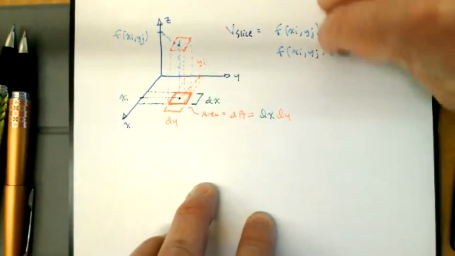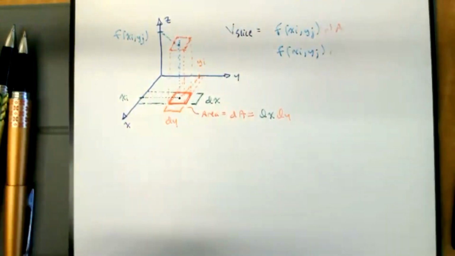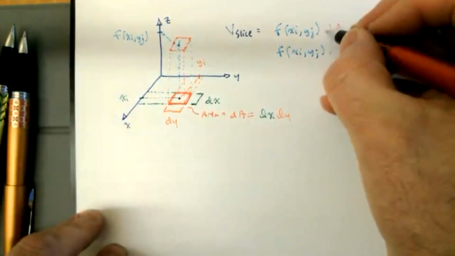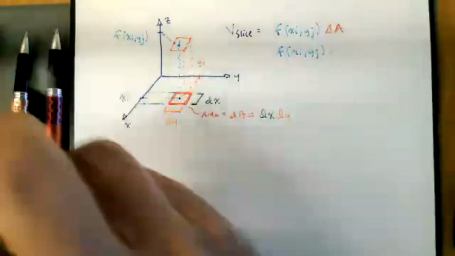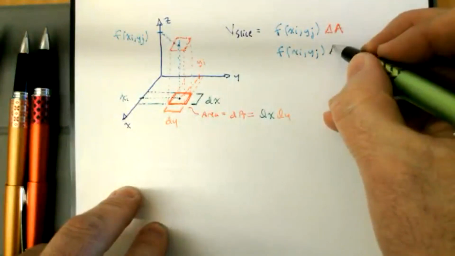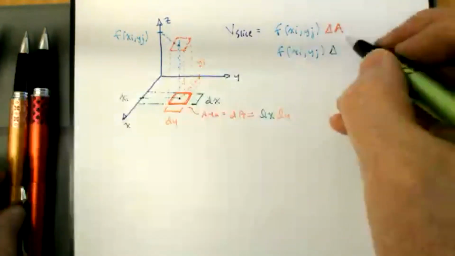I was doing the same thing earlier and mixing my deltas and my d's. Delta A. We're still in the discrete case. And there'll be a delta x times delta y.